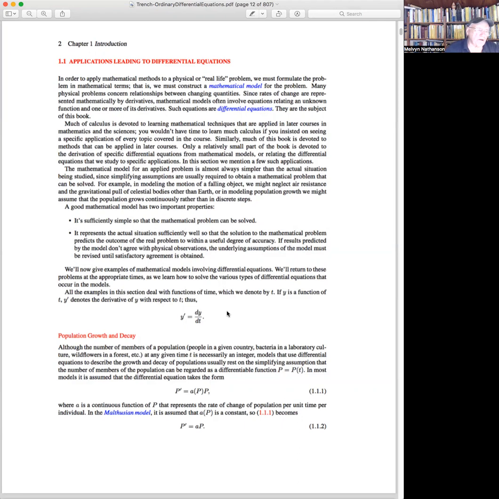But it doesn't matter what variable we use, x or t or any other letter. But x and t are really the only ones we're going to see in this class. So typically, if you have a population of something that's growing, it could be people on the planet Earth, bacteria in a petri dish, your money earning interest in a bank account.